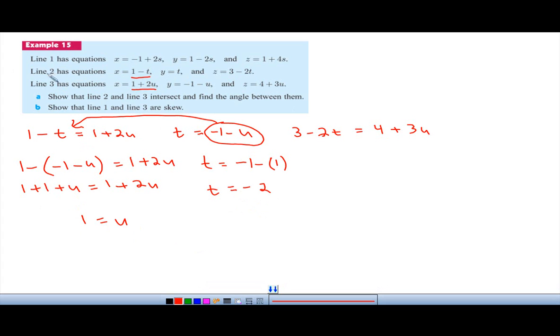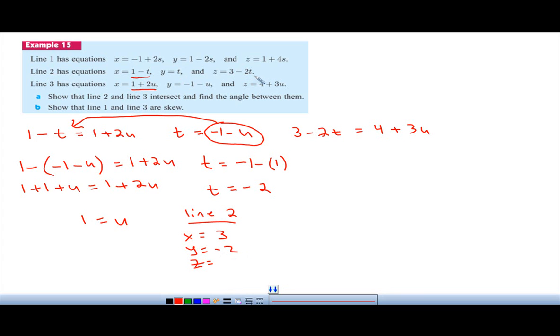Okay, so for line 2, the x, y, and z. All I'm doing is, right here in line 2, I need to plug in the t, which I know is negative 2 now. So if I plug in negative 2 here, I'll get 1 minus negative 2. So it'll be 1 plus 2, so that'll give me 3. Over here, t is going to be negative 2.